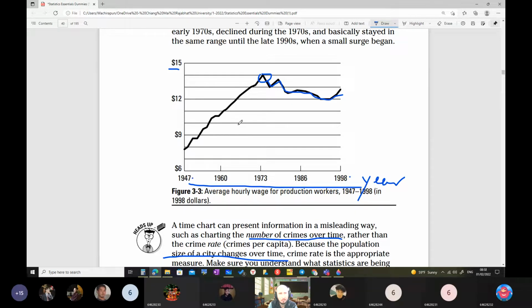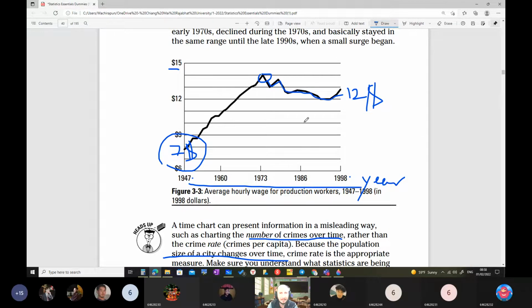Also, inflation. You know, in 1947, $7 was a lot of money, right? And now in 98, it's $12. But you think, oh, 12 is more than 7. No. In 1947, if you had $7, you could buy a lot of things.